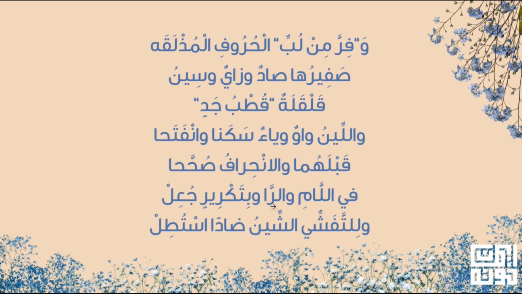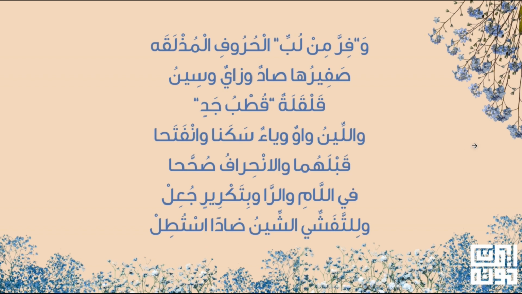The lam and the ra that has deviation, and we took this in the articulations. And the ra that has one of its characters repetition. The sheen that has tafashi, and the dad that has istitala.